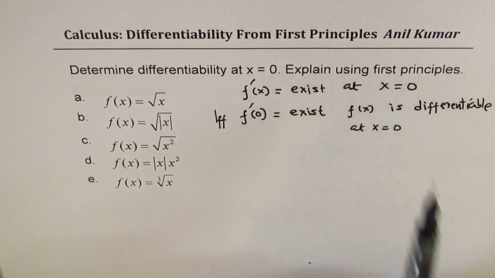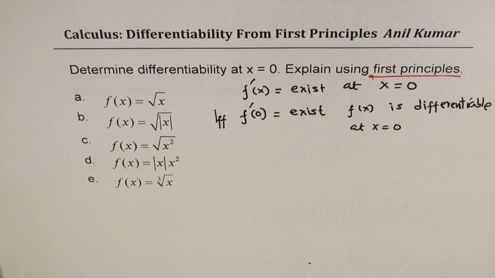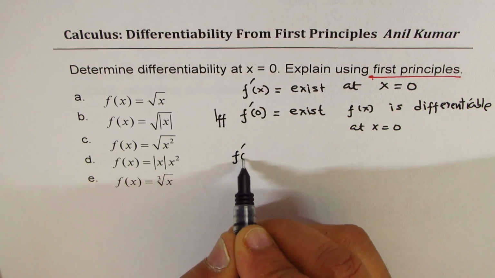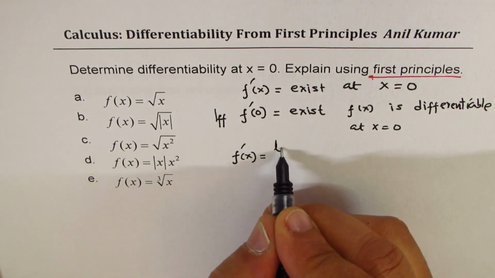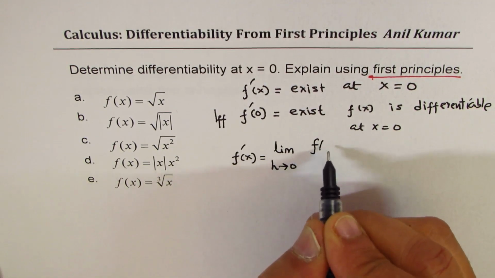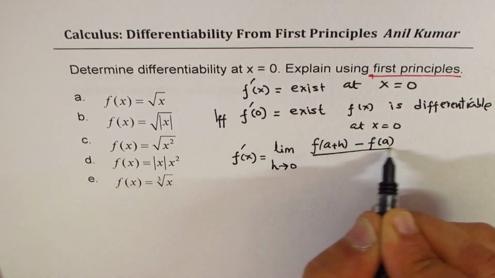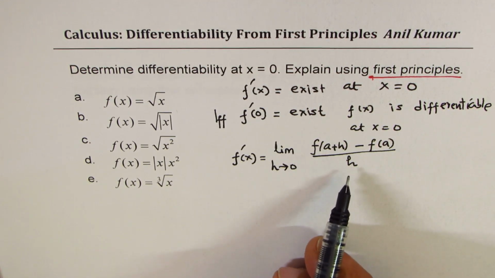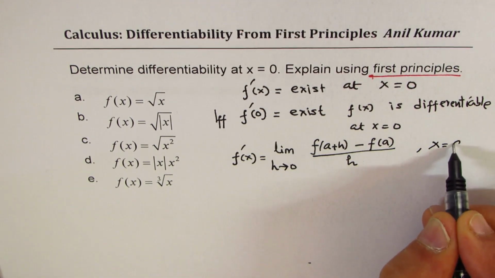Now, when we say first principle, what do we mean? You found that rate of change when you worked with the definition, which was a very popular equation, right? So we gave it a short form. That rate of change, which is defined with limit h approaches 0, f of a plus h minus f of a over h, is utilized to find the slope of a tangent line at a point a, x equals to a.